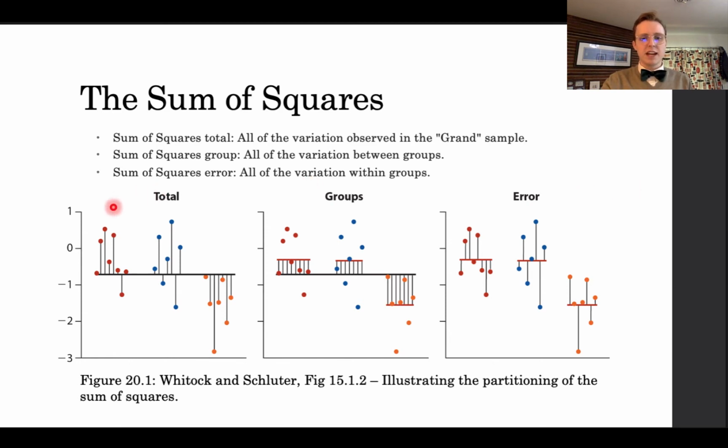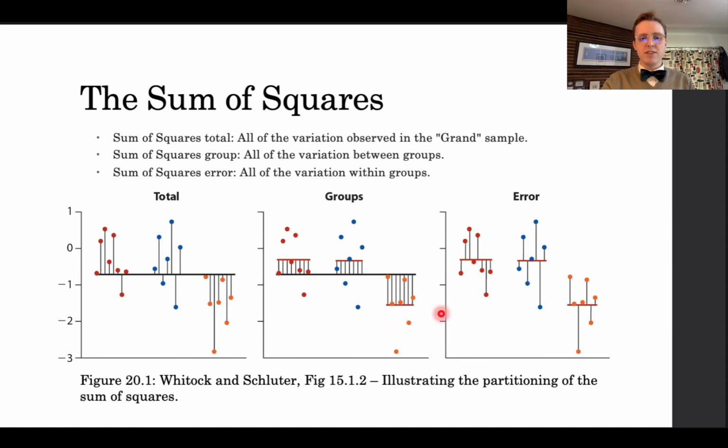In each of these graphs, we see three different groups: a red group, a blue group, and a yellow group. Then we also see a large black line, which is the grand mean, which is the mean of all of these points, and we can see some orange lines, which represent the means of each individual group.